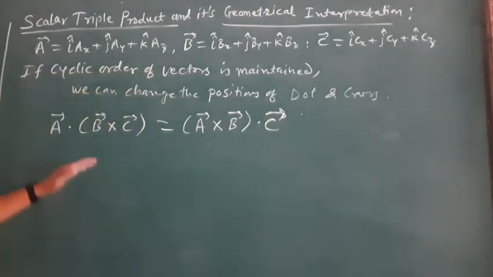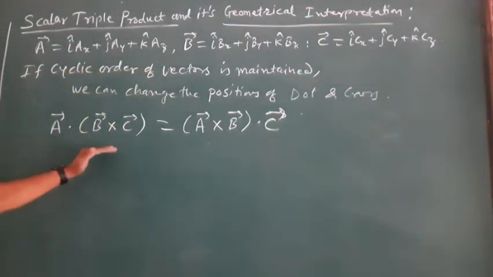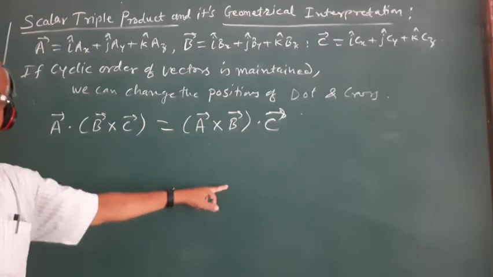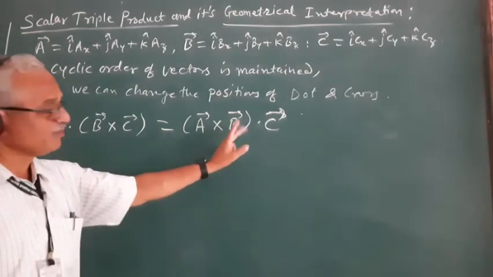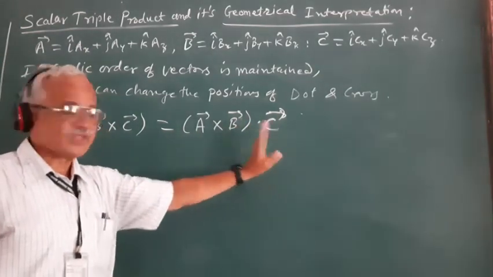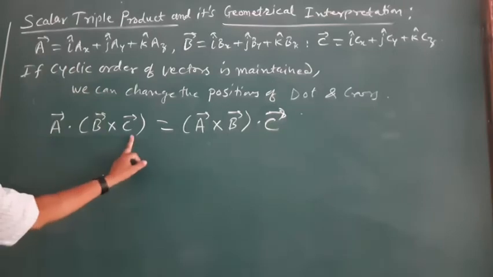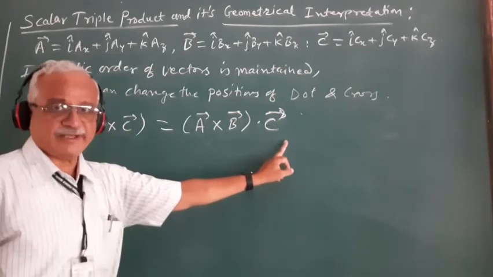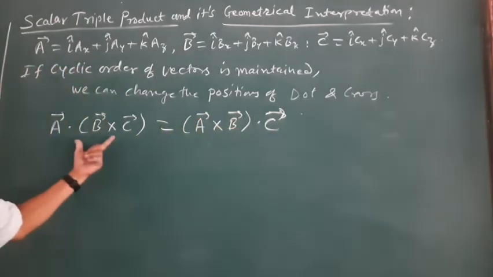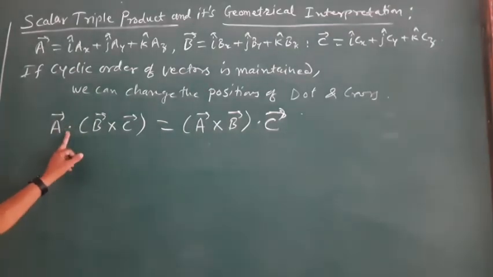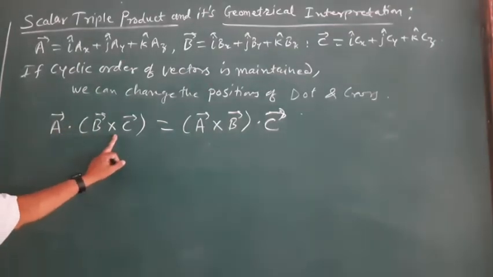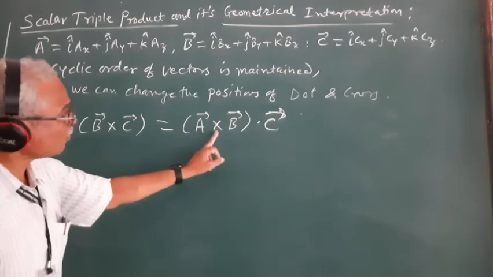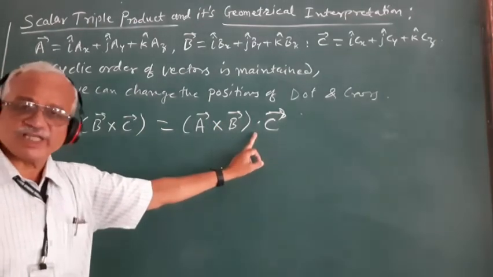Here the order of the vectors is maintained, but on the left we have dot in this position and cross in this position, and to the right we have cross in this position and dot in this position.